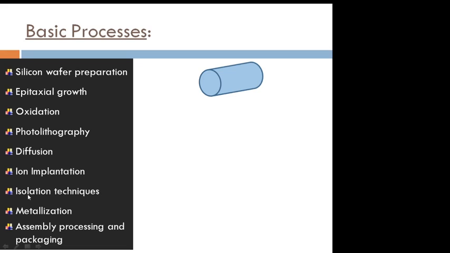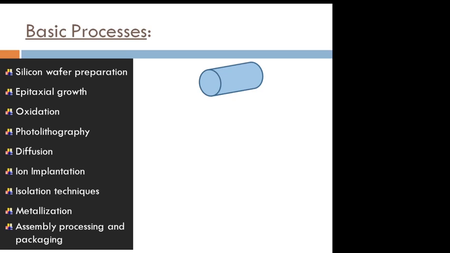These are the processes, from epitaxial to isolation techniques, which are repeated for a single component or many components during the entire process of IC fabrication. Once the IC is ready on a chip, the last two processes, metallization and assembly processing and packaging, start later on.